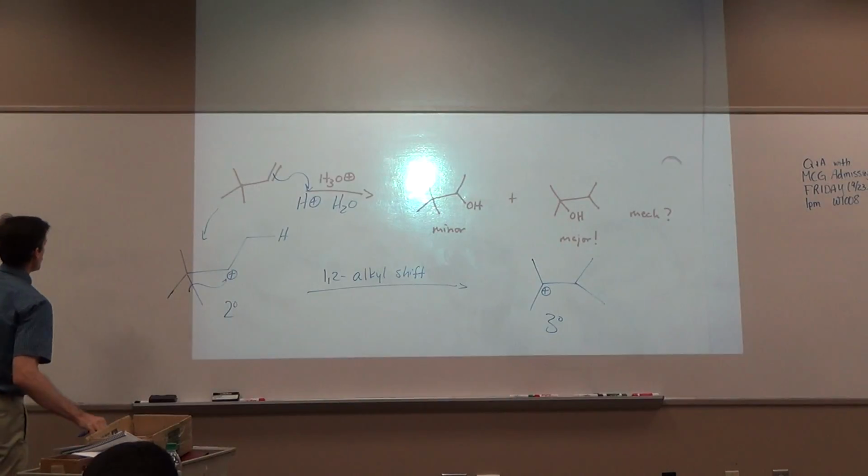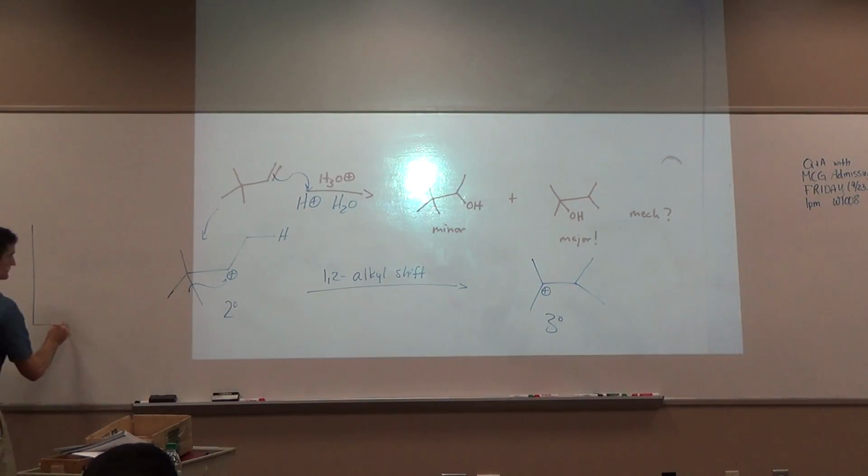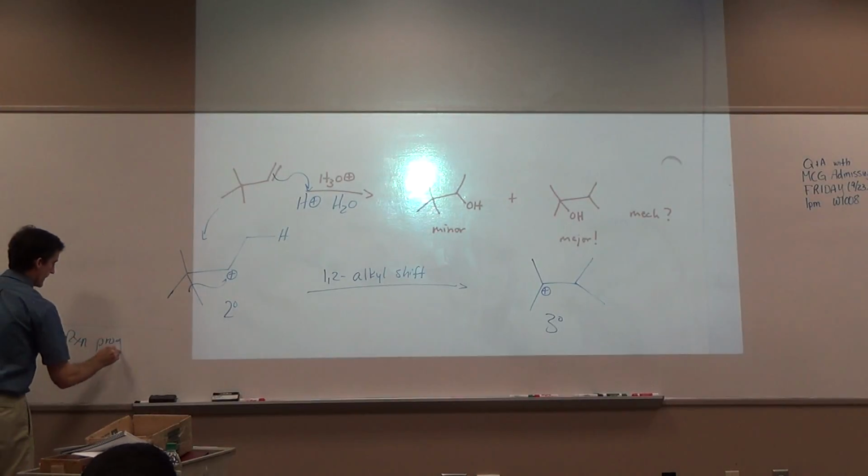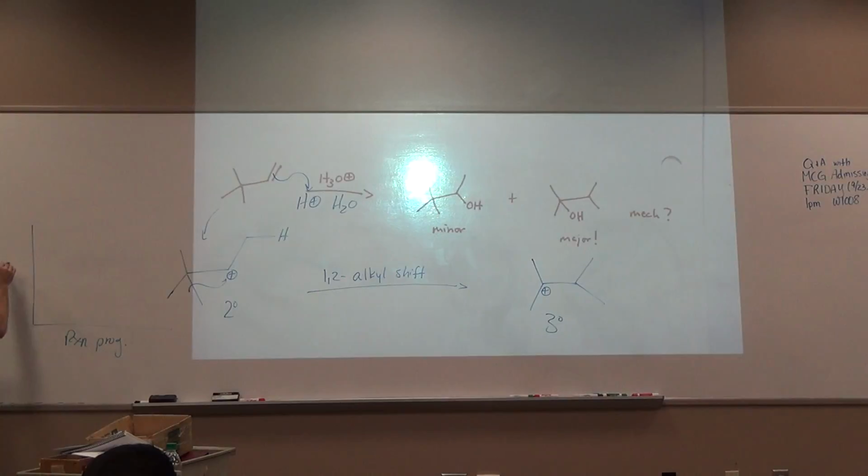We do a reaction coordinate diagram. Reaction progress, some type of energy. We start with alkene.